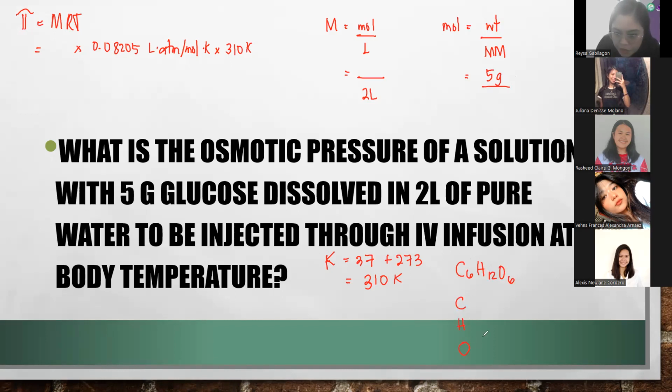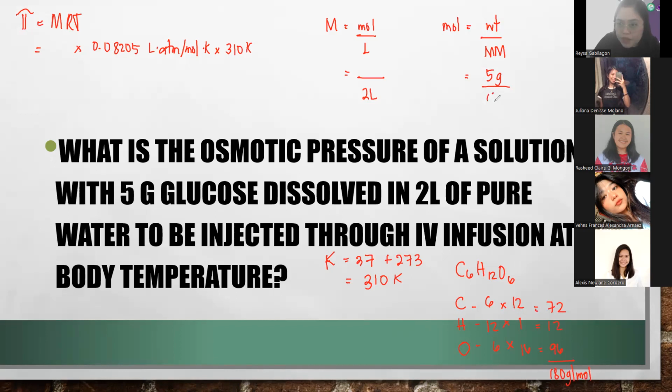This is CHO. 6, 12, and 6 multiply sa kanilang atomic weights. We have 12, 1, and 16. So 6 times 12 is 72. This is 12. And 6 times 16 is 96. So again, 72 plus 12 plus 96 is 180 grams per mole.